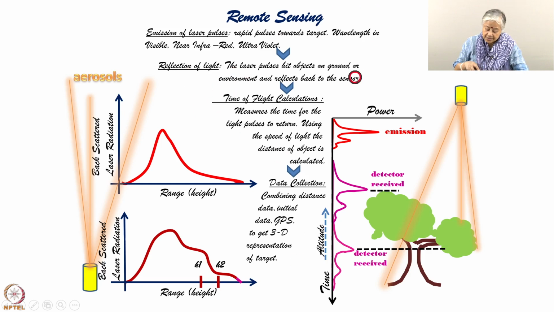The laser pulses hit objects on the ground or environment and reflect back to the sensor. Time of flight calculations measure the time for the light pulses to return. Using the speed of light, the distance of the object is calculated. Okay. And then you have to analyze the data collection, combining distance data, inertial data, GPS to get a 3D representation of the target.